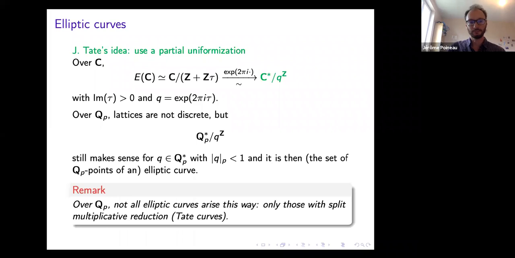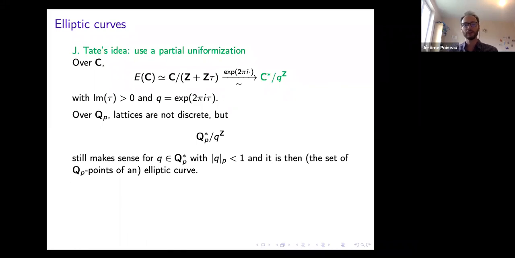This was really the basic idea used by John Tate, and it was what motivated him to develop a full theory of non-Archimedean analytic spaces, the so-called rigid analytic spaces, in order for this quotient Q_p star mod q to the Z to make sense as a decent analytic map, or a uniformization analytic map.